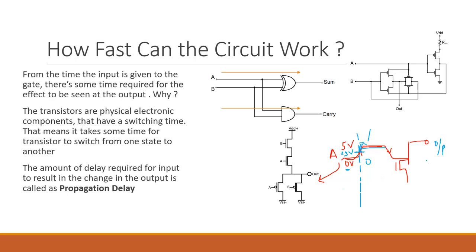Let us assume that this transistor just inverts the value. That means if you give 0 volts, it will give you 5 volts as output, and if you give 5 volts as input, then 0 volts at output. Initially there was 0 volts as input, so the output was 5 volts. Now the transistor has processed the 5 volts input, so the output will be 0.